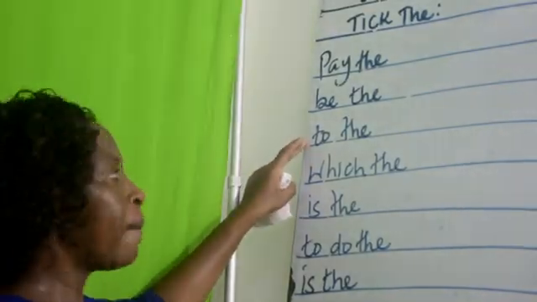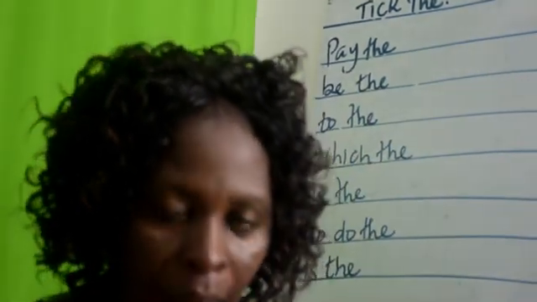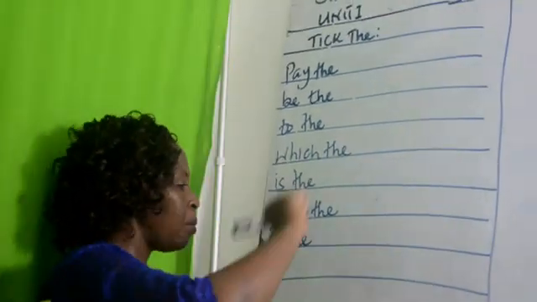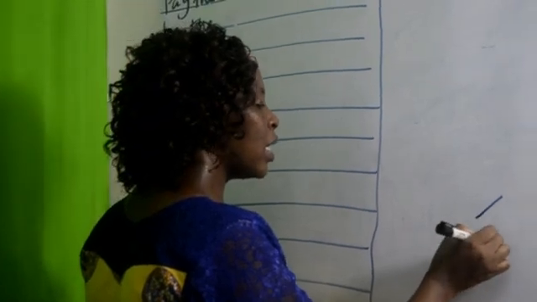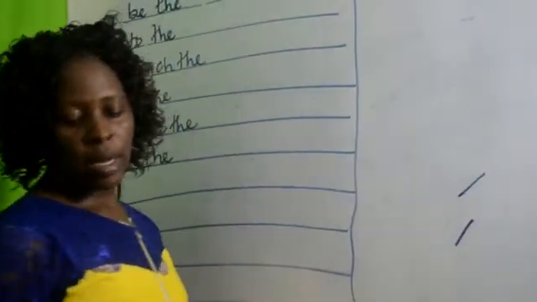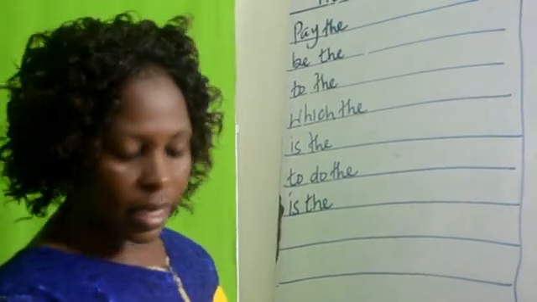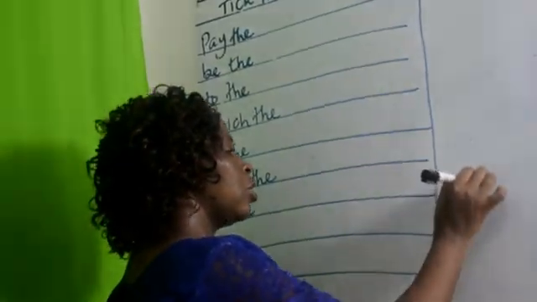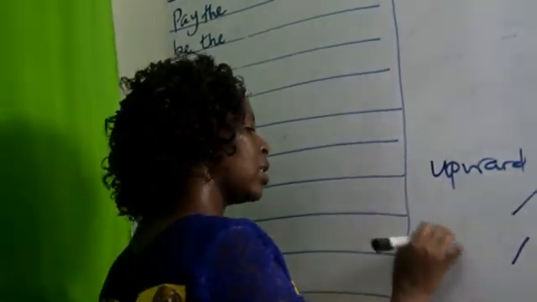We have the word pay the. The tick is written either upward or downward. We can drill it upward like this, or we drill it downward.